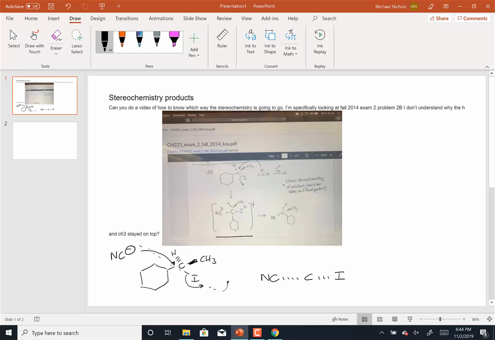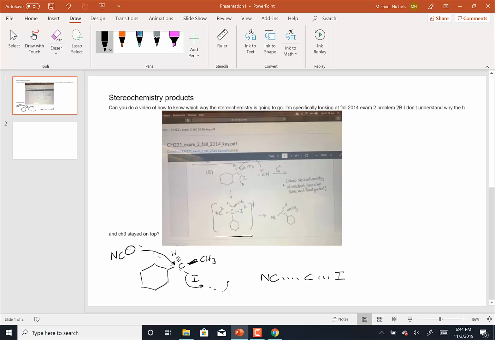Now, in some other answers that I've given to questions, I have been stressing the idea that if I give you a reactant that has a chiral center and I give you the groups on the bold and dashed wedges, they need to stay in their proper places throughout the mechanism.